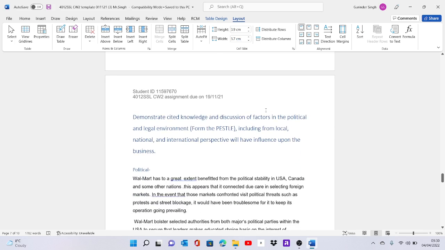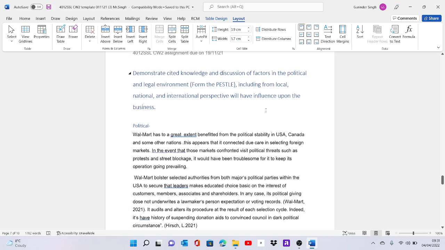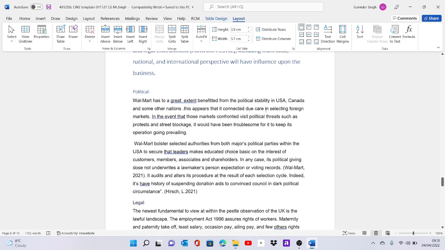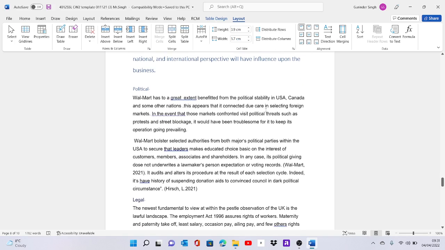Demonstrates cited knowledge and discussion to factor in the political and legal information, including from local, national, and international perspective, that will have influence on the business. First of all, political. Let's take an example about Walmart. Walmart has to a great extent benefited from the political stability in the USA, Canada, and some other nations.